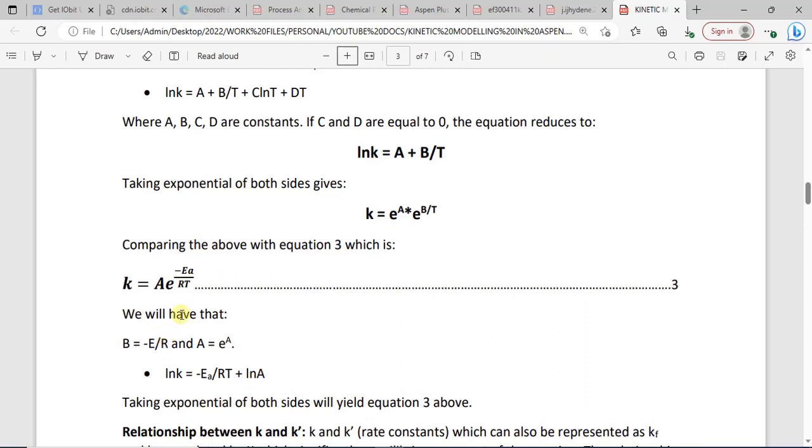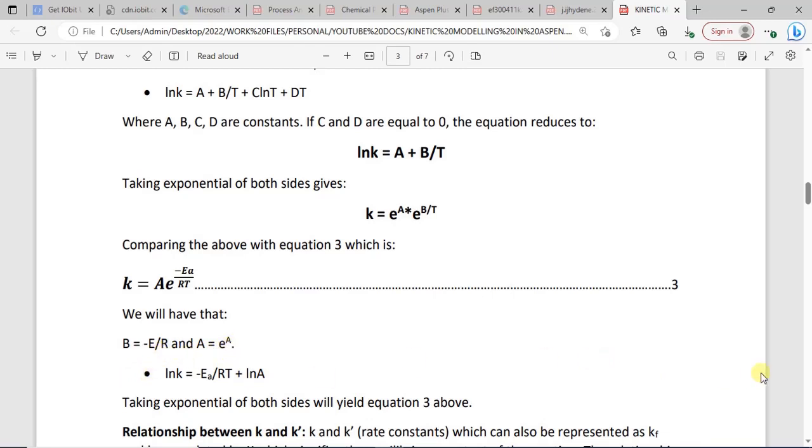So what I said is, you compare this expression here, if you can see my cursor, with equation 3, and you will have that b is equal to minus E over R, and A is equal to e raised to power a.